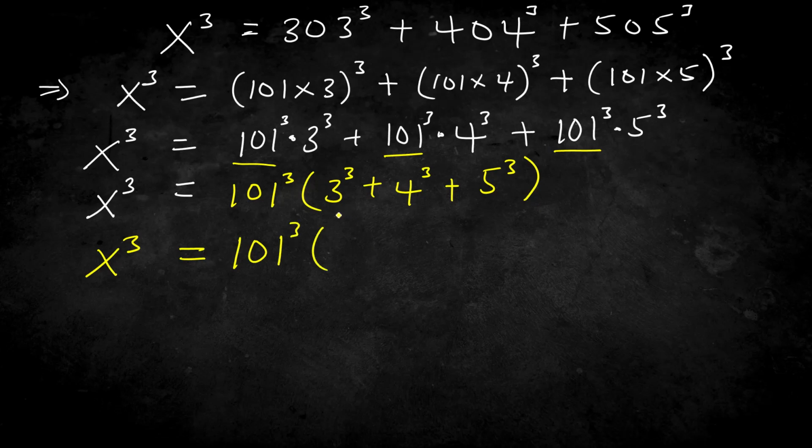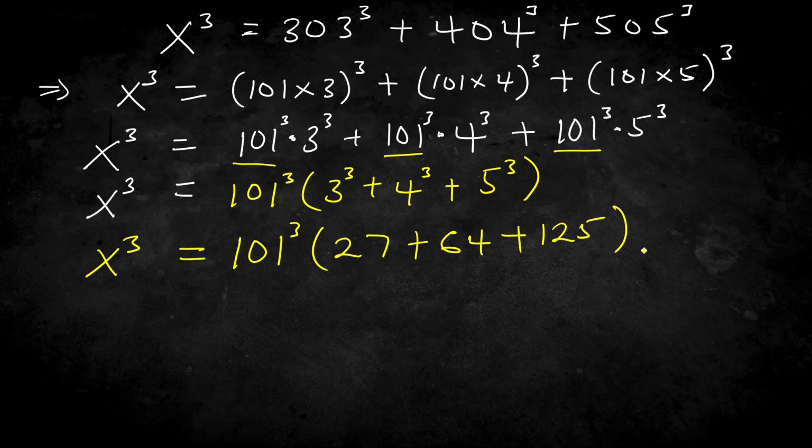3 cube gives us 27. 4 cube, 4 times 4 times 4, is 64. Then 5 cube, 5 times 5 times 5, is 125.